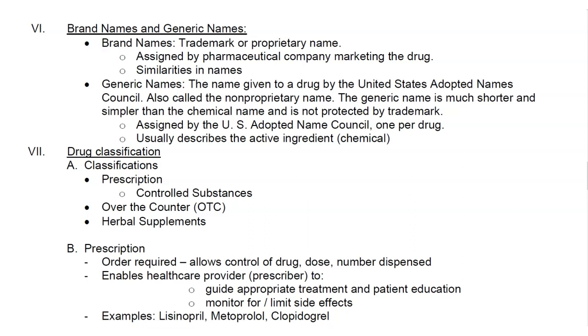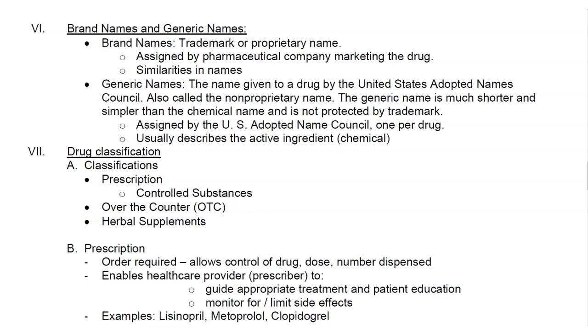Now the generic names, these are the names given to a drug by the United States Adopted Names Council. So this is also called the non-proprietary name or generic. So the generic name is much shorter and simpler than the chemical name, but it's still more difficult to remember, pronounce, or write compared to the brand name.